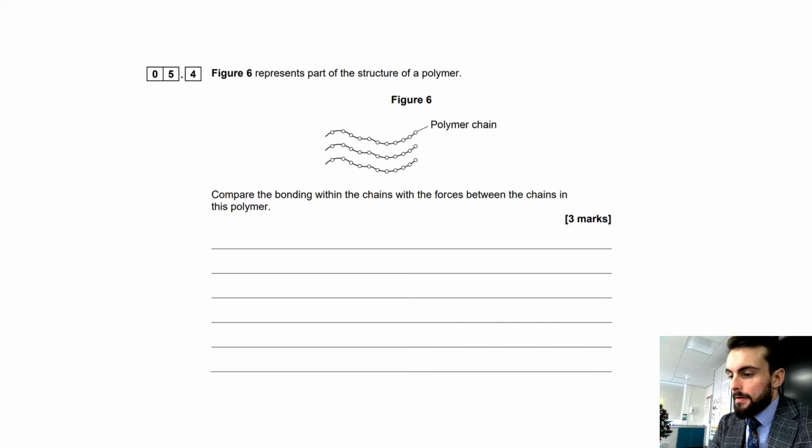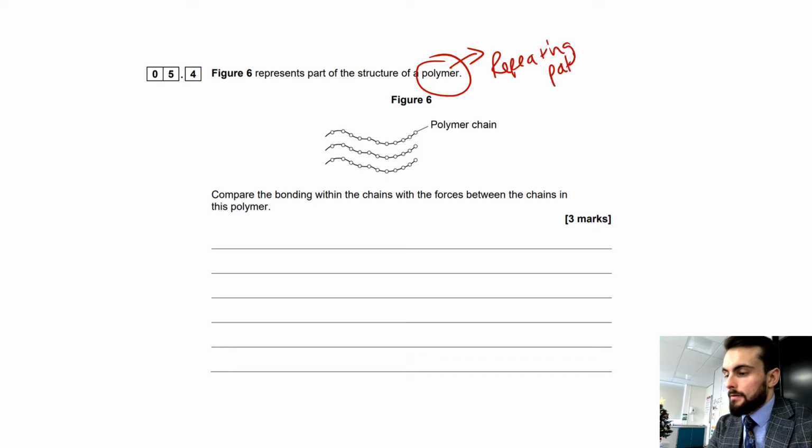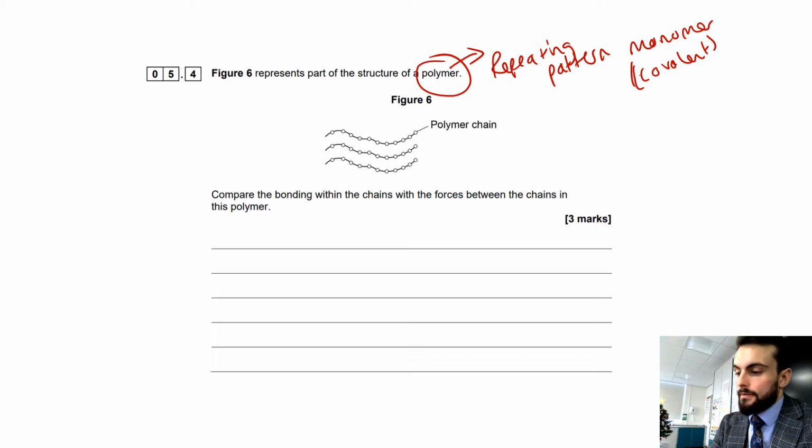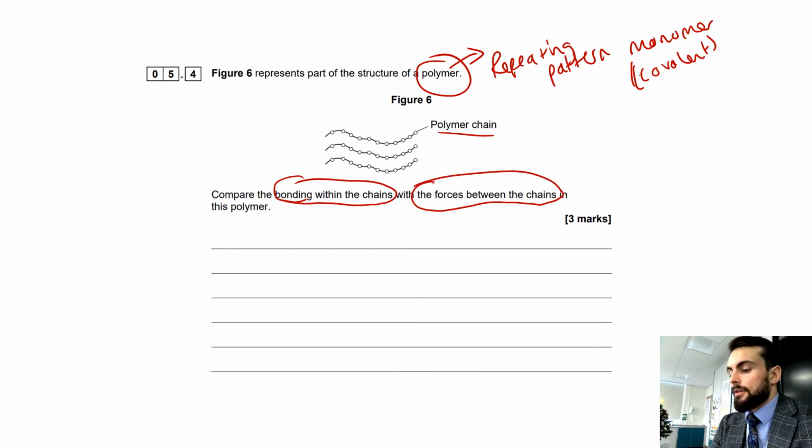Figure 6 represents part of the structure of a polymer. See the word polymer, you think repeating pattern of a monomer, which is normally a covalent substance, right? Non-metals. There's the picture, polymer chain. Compare the bonding within the chains with the forces between the chains. Now the first thing to highlight is the word bonding and the word forces.